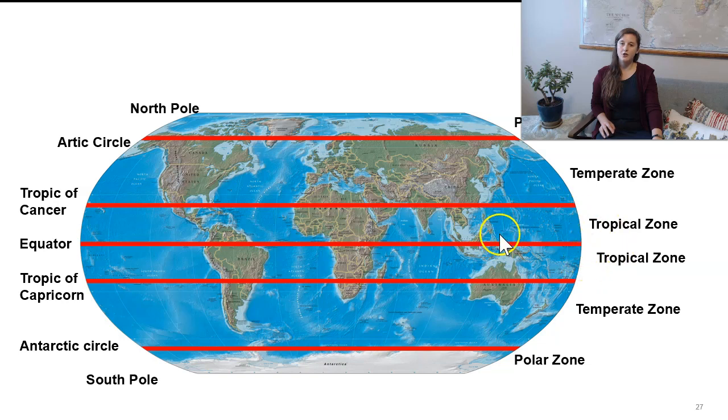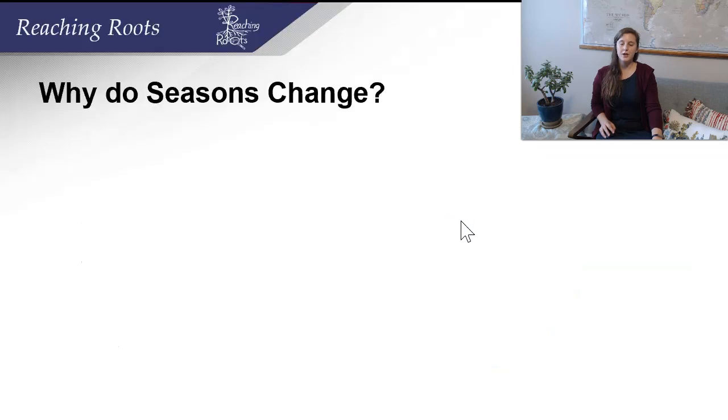Near the equator, we have the tropical zones. Further away from the equator, we have the temperate zones, both in the northern hemisphere and the southern hemisphere. We also have the polar zones in the southern hemisphere and northern hemisphere. So the distance from the equator affects how much sunlight the Earth gets in that specific location, which affects the climate.